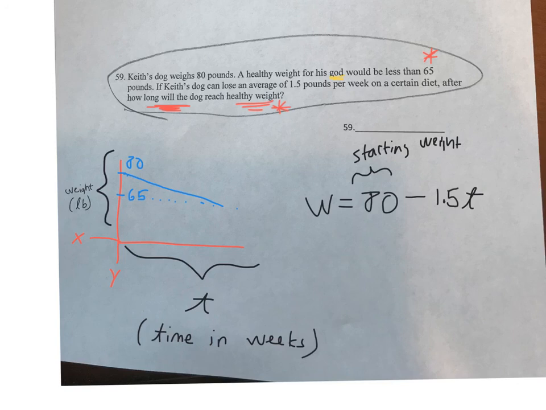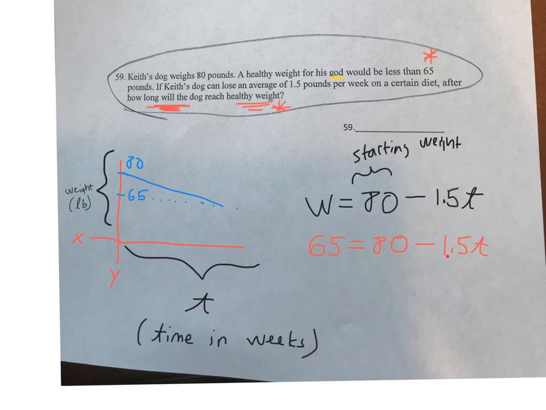So what you want to do is force the weight to be 65 pounds, and then solve for t. You want to find out what t value corresponds with that.